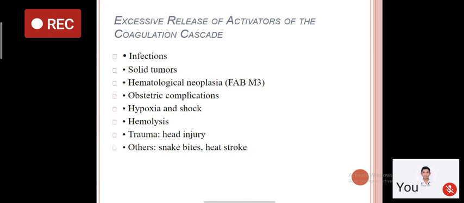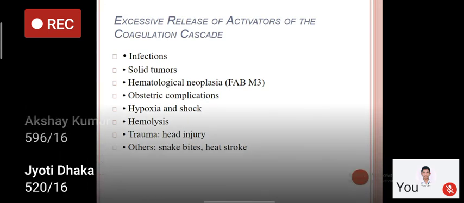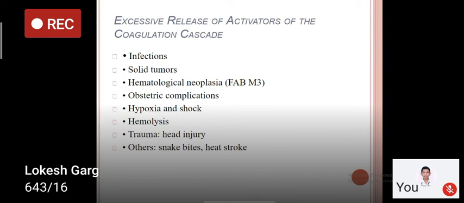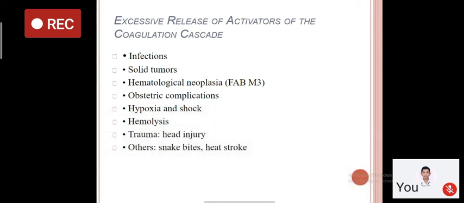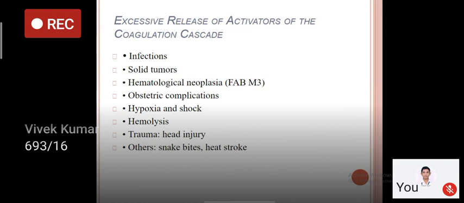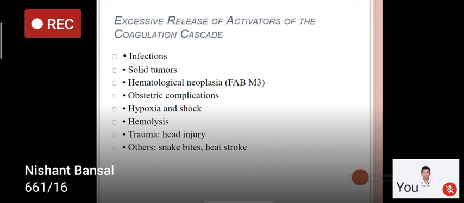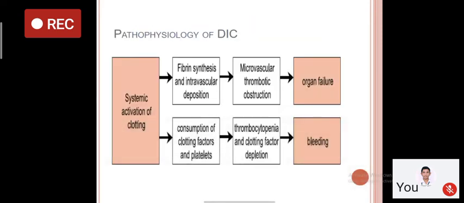The causes of DIC most commonly are severe infections, like there could be mycobacterial infections, there could be meningococcemia, there could be severe septicemias, then certain malignancies like solid tumors, hematological malignancies, obstetric complications, severe hypoxia and shock, trauma, head injuries, snake bites. So all these conditions can start this cascade of DIC.